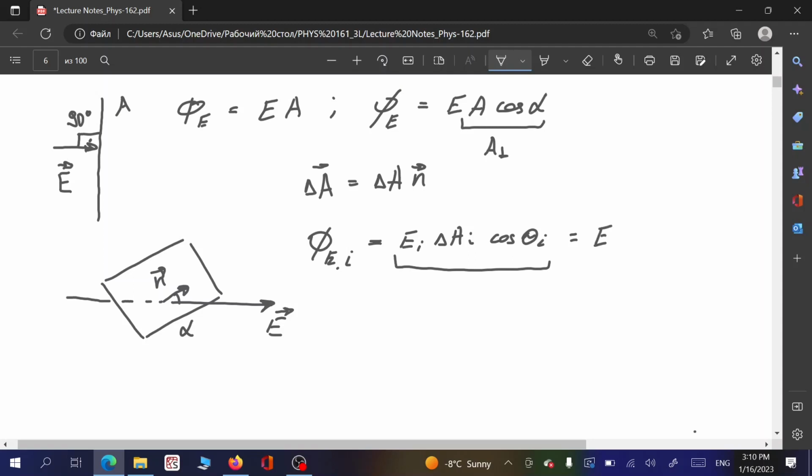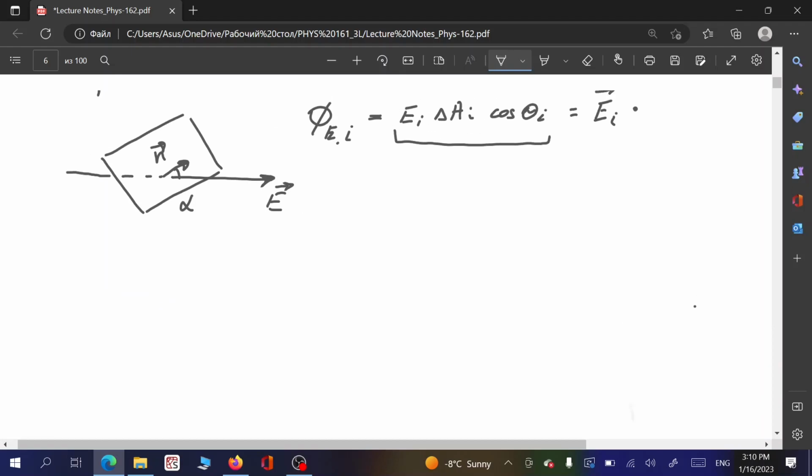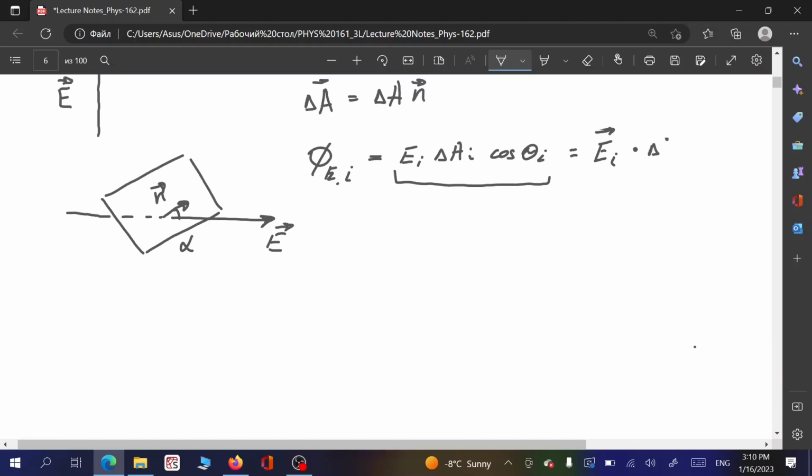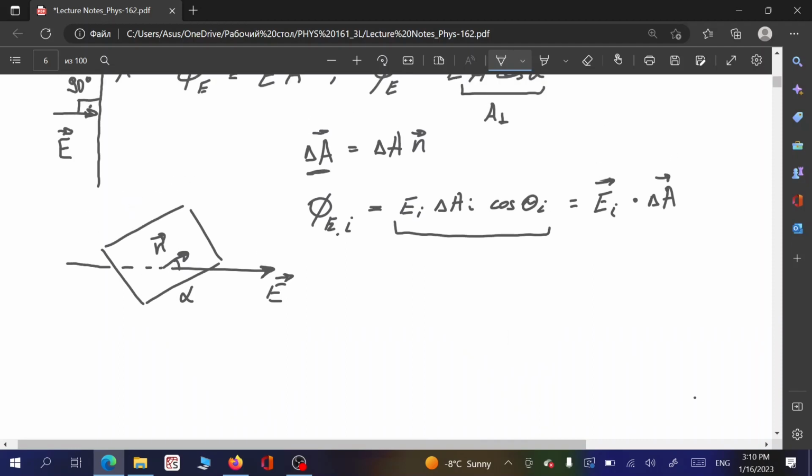This will be E_i vector, and here, or dot product, delta A vector. So this is this vector which we introduced. So now, if we want to get total flux through the surface in the case when electric field is not uniform, we need to sum up electric field fluxes through all of these small elements.